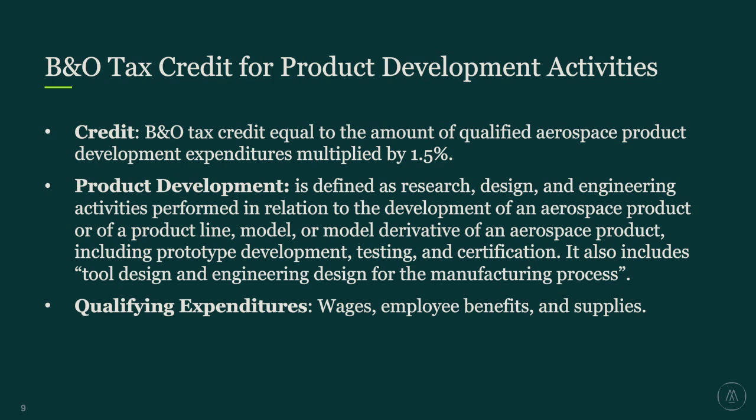So job titles and job descriptions are a big piece of this, like we talked about earlier. Engineers and tooling designers, things like that, are easy enough for an auditor to understand: okay, that makes sense, that's product development, that qualifies.